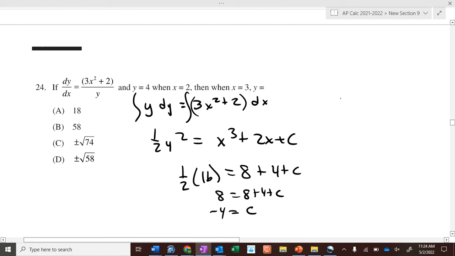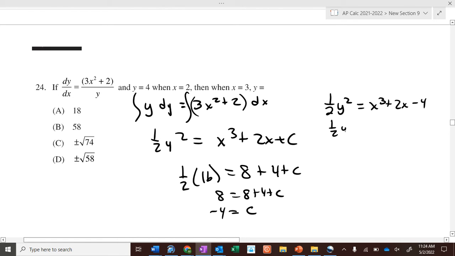So we grab that function, 1/2 y squared equals x cubed plus 2x minus 4. When x is 3, what is y?